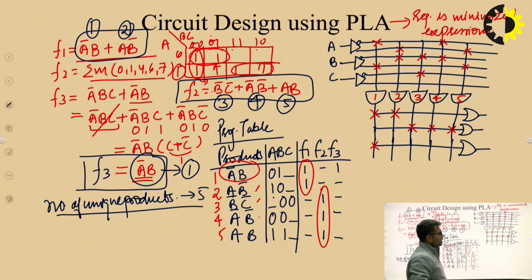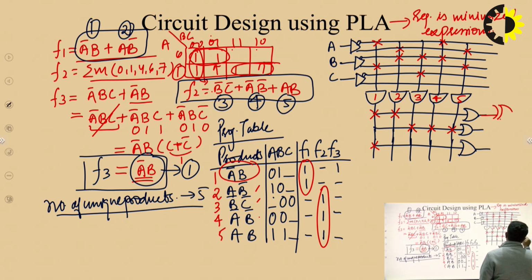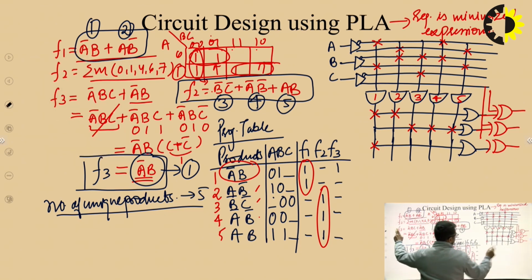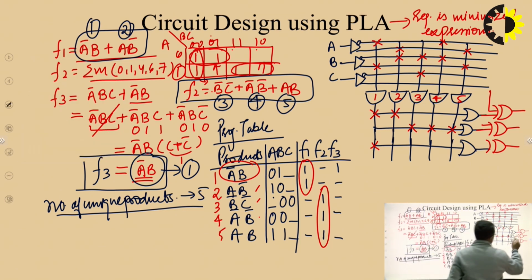This is a simplified realization actually, but in actual there are XOR gates also available at the output of these OR gates. These XOR gates are used to invert the expressions.